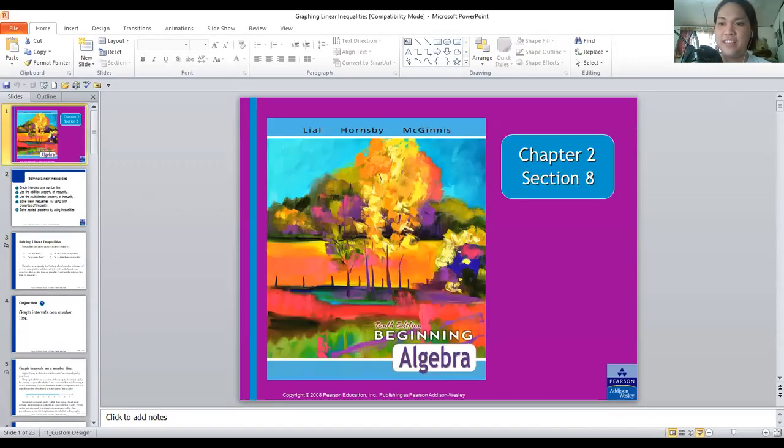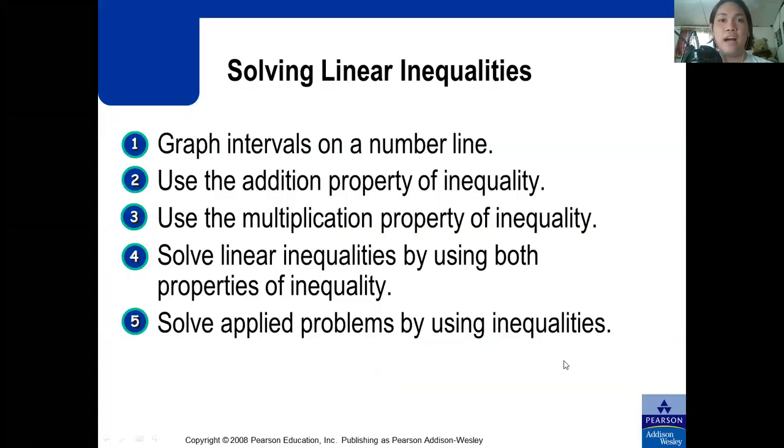Our topic in this video discussion will be about solving linear inequalities, but particularly we will focus on graphing. Our objectives are to graph intervals on a number line, use the addition property of inequality, use the multiplication property of inequality, solve linear inequalities by using both properties of inequality, and solve applied problems by using inequalities.